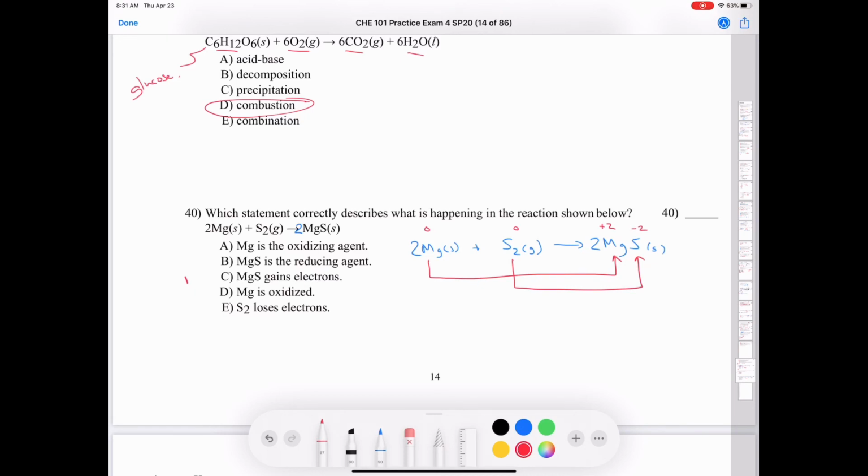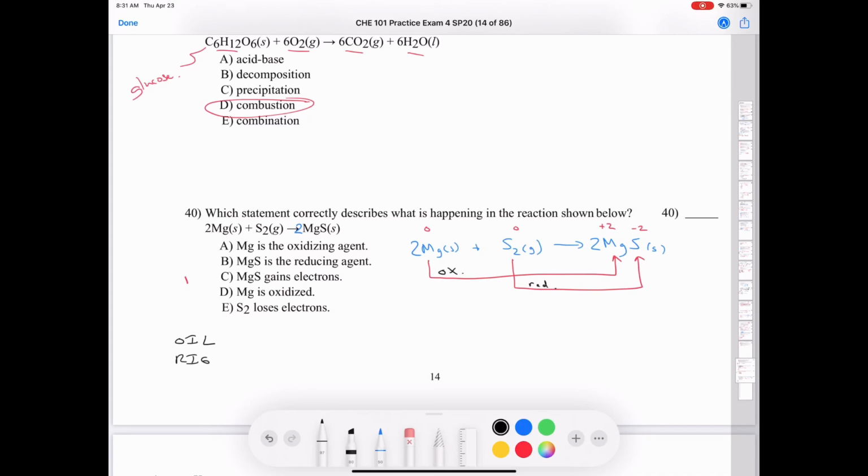So this shows all the oxidation states, and if we examine what's happening here, the magnesium is being oxidized because it's losing electrons, and we know that oxidation is losing and reduction is gaining, and my sulfur is going from 0 to -2, therefore it's gaining electrons, which of course have a negative charge.